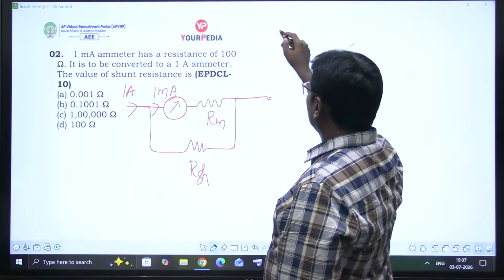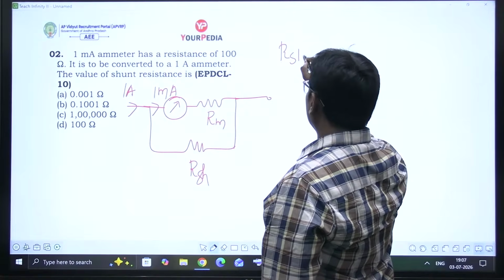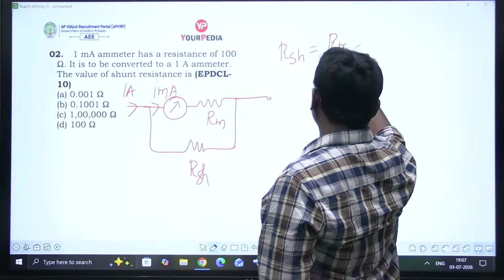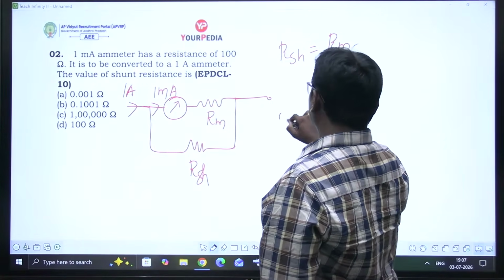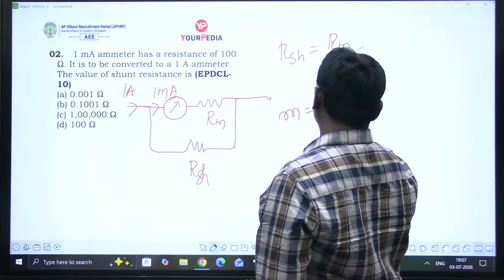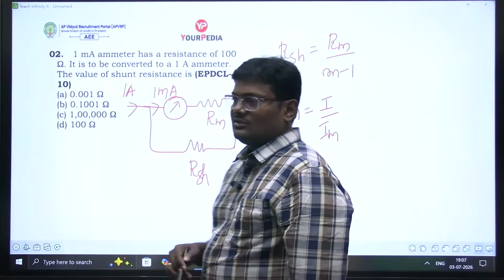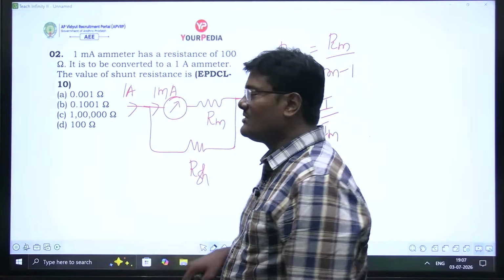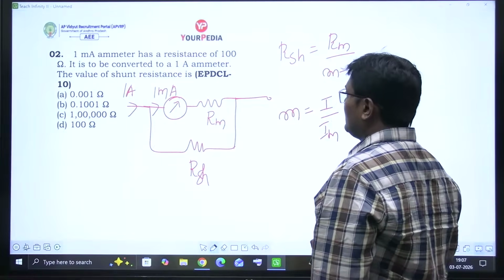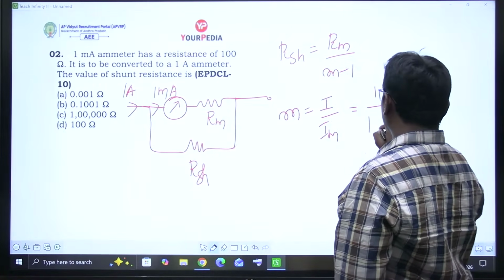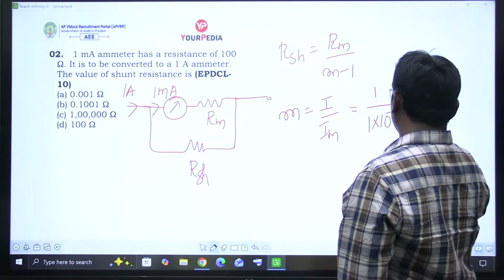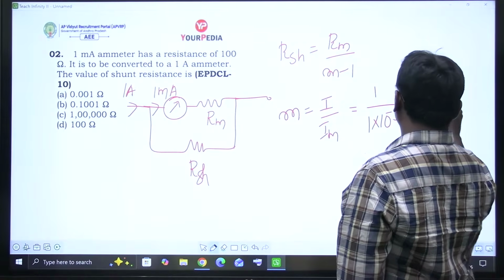Now the direct formula: RSH is equal to Rm by (M minus 1), where M is equal to I by Im, the meter constant. I is 1 ampere and Im is 1 milliampere, 1 into 10 to the power minus 3, so M is equal to 1000.